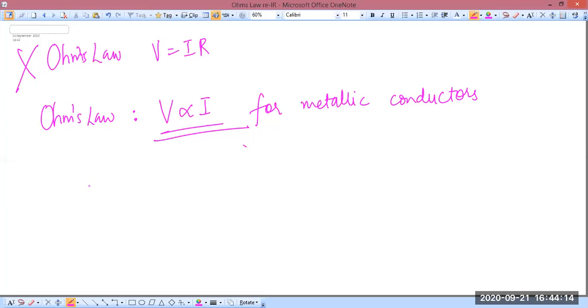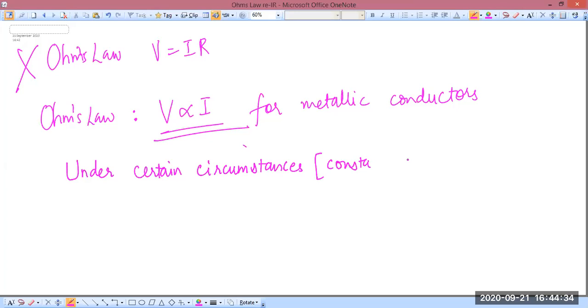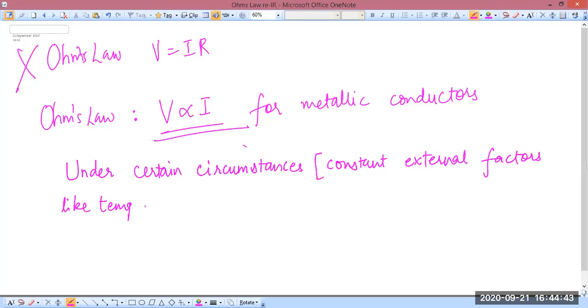Okay, so let's write it properly or formally. Under certain circumstances, all right? So what are certain circumstances? Constant external factors, like temperature, pressure.